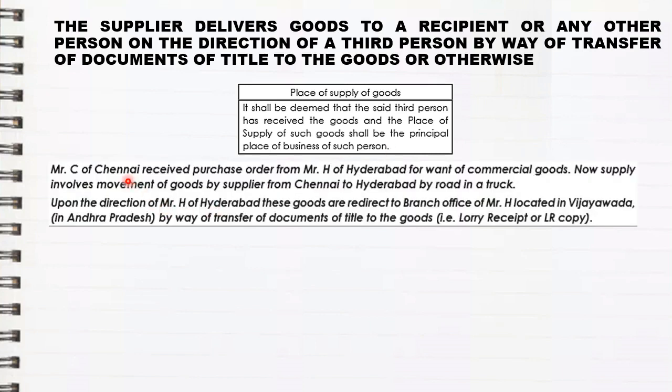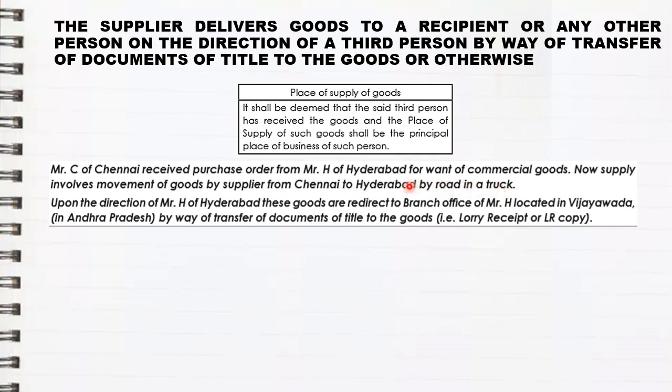Mr. C of Chennai received a purchase order from Mr. H of Hyderabad for want of commercial goods. So here the supplier is Mr. C from Chennai, and the purchaser is Mr. H from Hyderabad. Now supply involves movement of goods by the supplier from Chennai to Hyderabad by road in a truck.